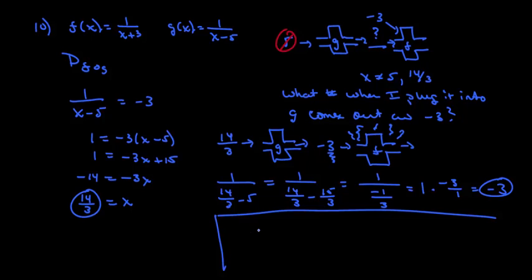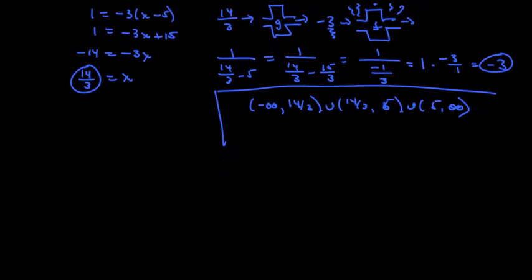I would write it like this: all numbers from negative infinity up to, now 14 divided by 3 is not quite 5, so we'll do 14 thirds first, union 14 thirds to 5, union 5 to infinity. So this is the domain of f of g. Now let's get the domain of g of f.